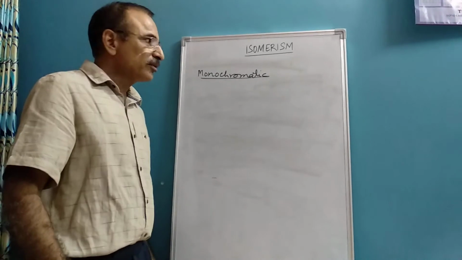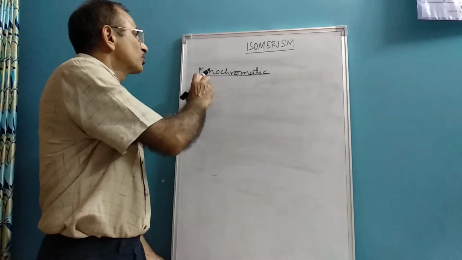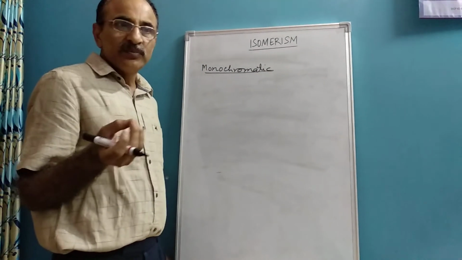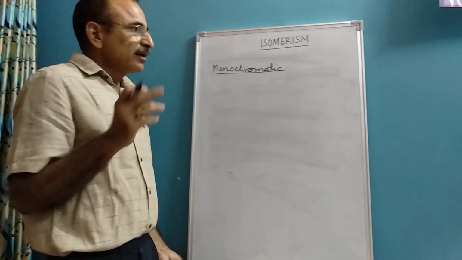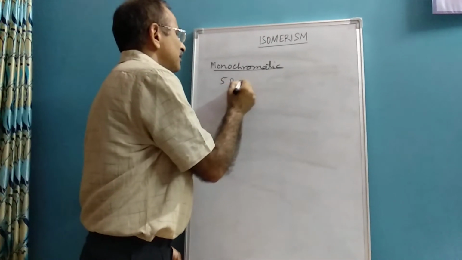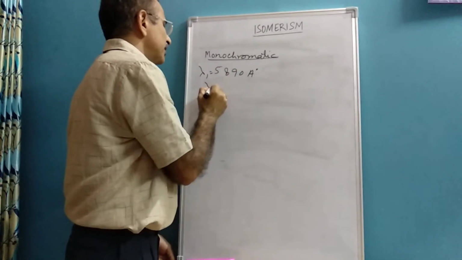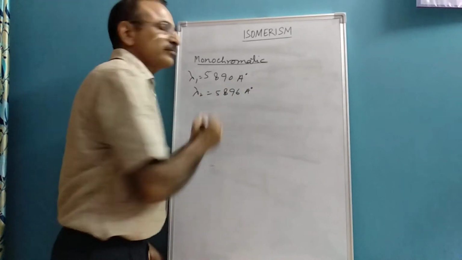However, for practical purpose, sodium vapor lamp is considered as source of monochromatic light because sodium vapor lamp emits two radiations of wavelength 5890 angstrom, lambda 1, and lambda 2, that one is 5896 angstrom.